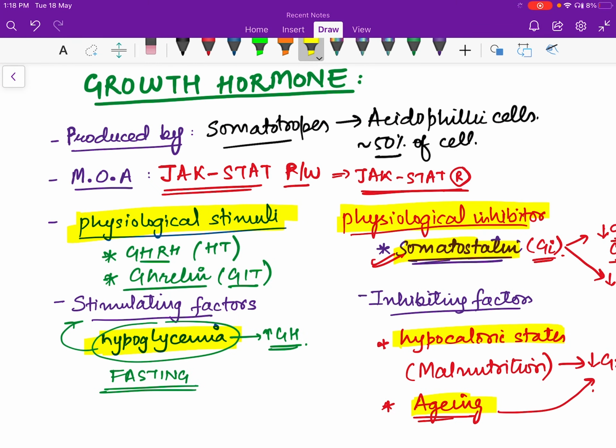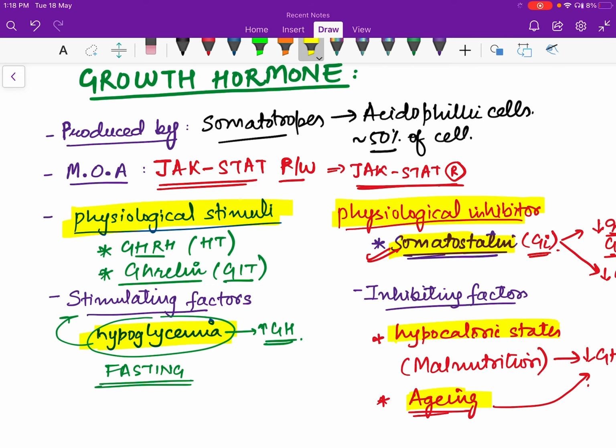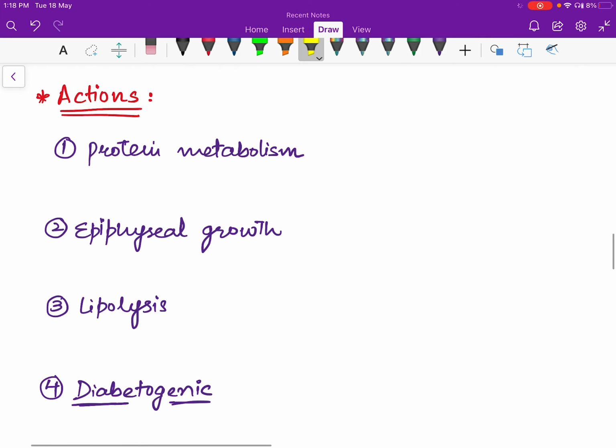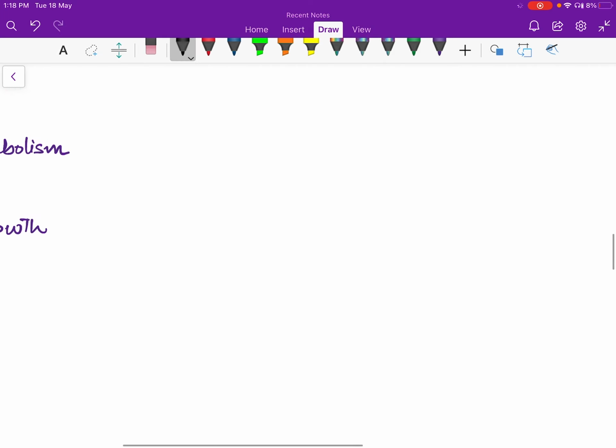Okay, so this is some basics about growth hormone. Now let's go to actions of growth hormone. First, let us try to understand an important point here.